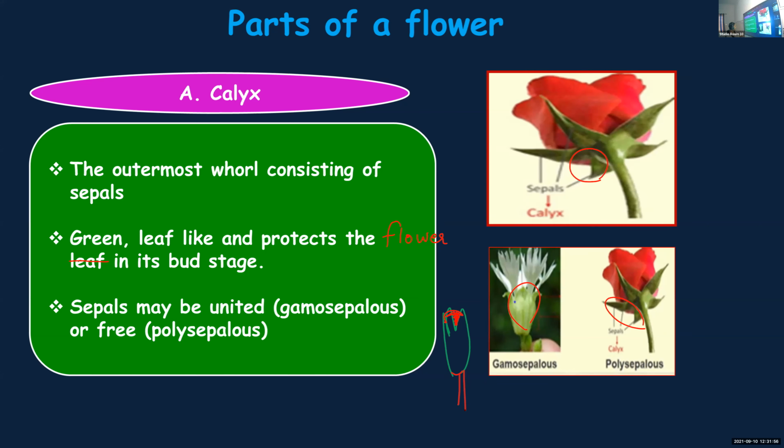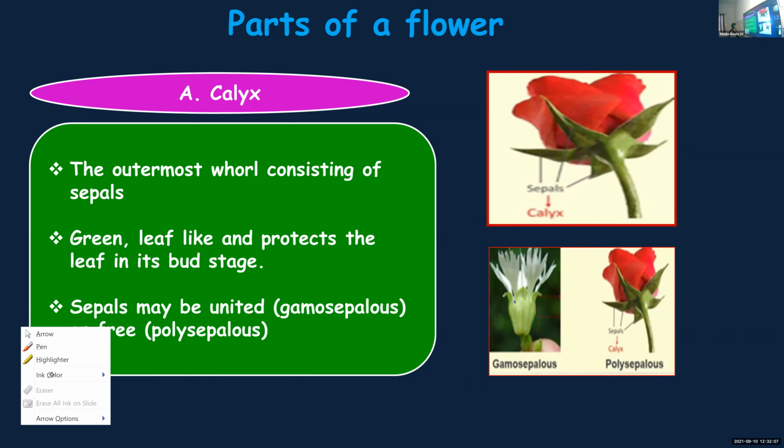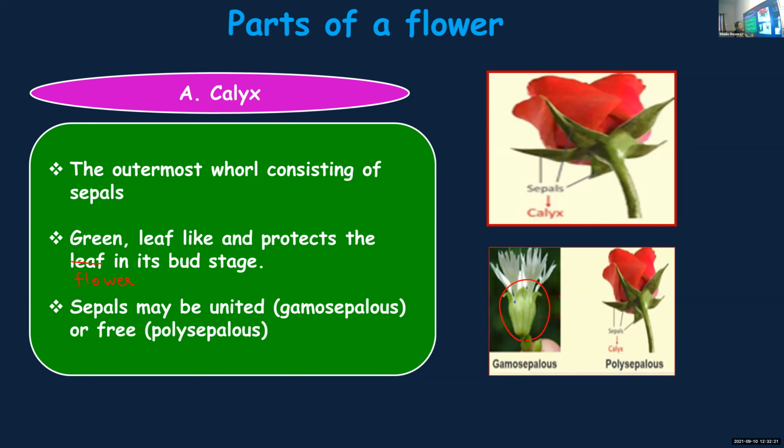Sepals can be united or they can be free. In the figure, you can see united as well as free sepals. So polysepalous and gamosepalous. Here you can find these sepals are united.